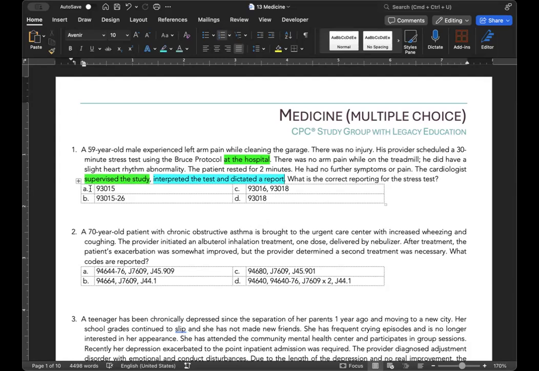So we would not use 93015 because that includes everything, including saying that they own the equipment. It includes the technical component as well. So in order to correctly report the supervision of the study as well as the interpretation and the report, how would we code this scenario? What do you guys think?